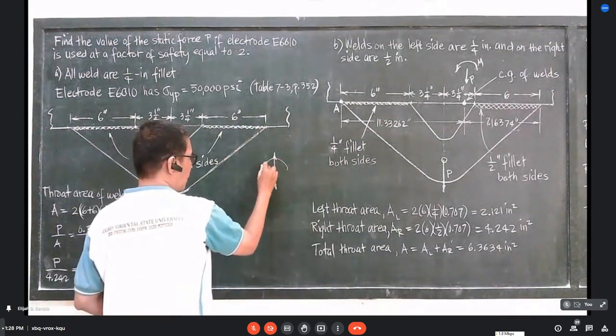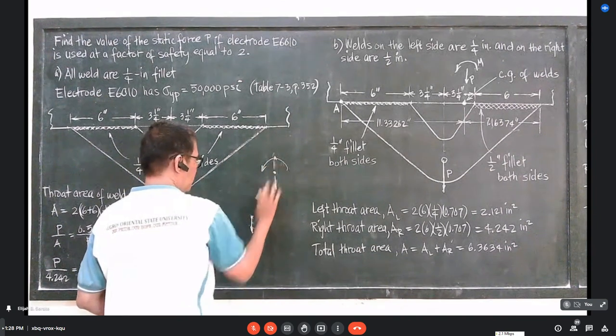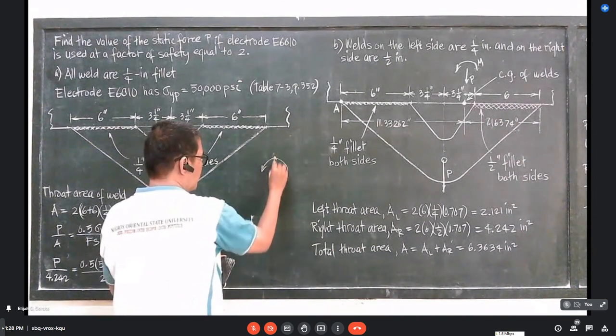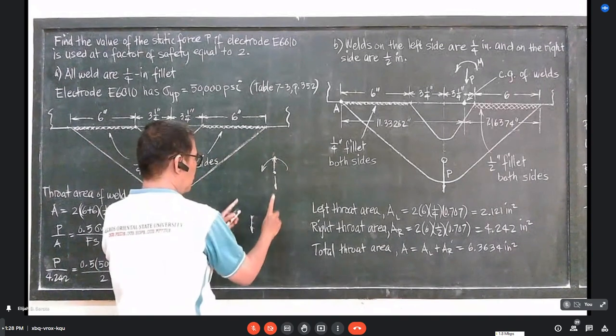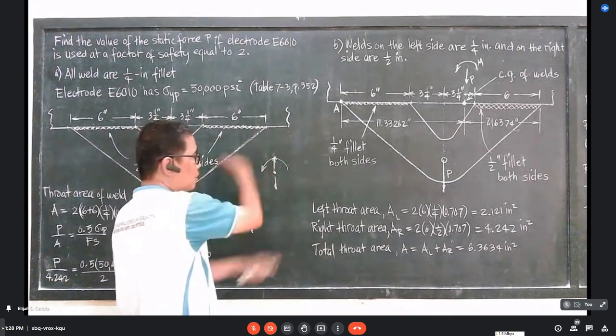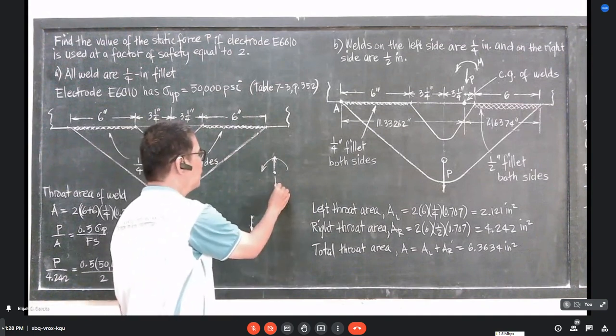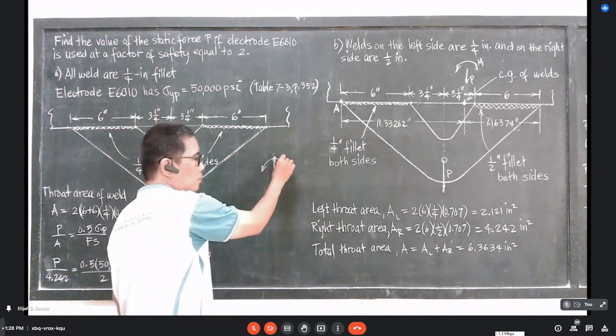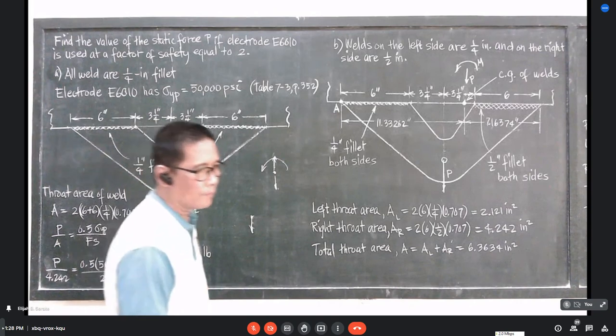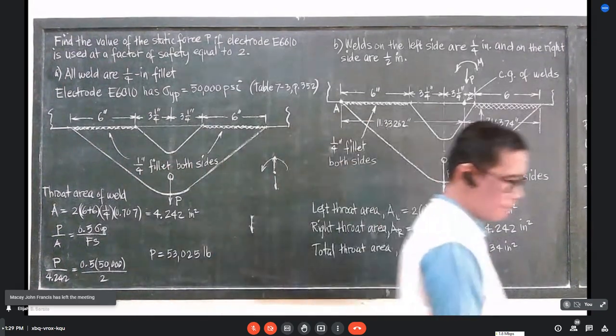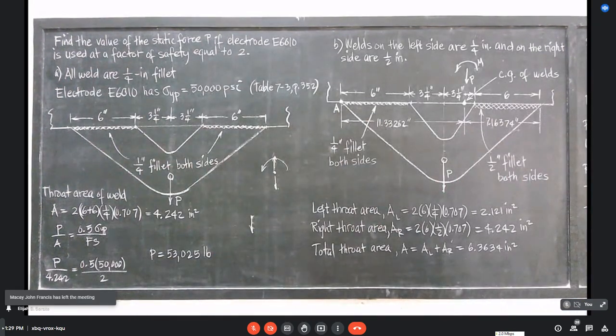This two is a couple that tends to rotate in that direction. Which is your P, and this is a couple which is represented by this. Any question? Or disagreement?